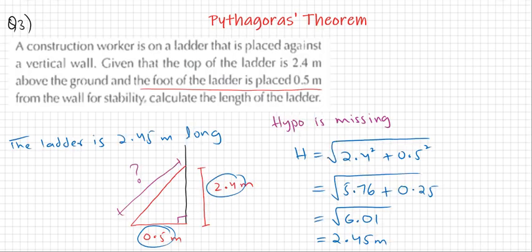So remember, in every word problem of a Pythagoras theorem, you just have to identify the right angled triangle, and you need to figure out which side is missing, whether it is a hypotenuse, a base, or a perpendicular. If it is a hypotenuse missing, then you will use the hypo missing technique. And if it is the base or perpendicular, then I have already told you, you will use the technique used when the hypo is given.